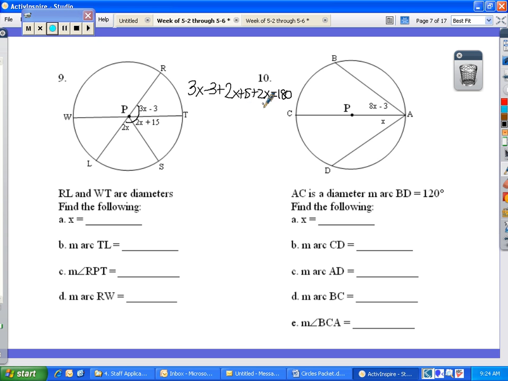So now I combine like terms. 3x plus 2x plus 2x is 7x. Negative 3 plus 15 is positive 12. Subtract 12. 7x equals 168. Divide both sides by 7. And x equals 24.